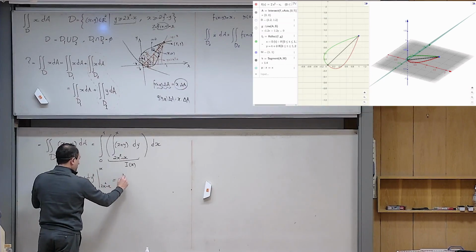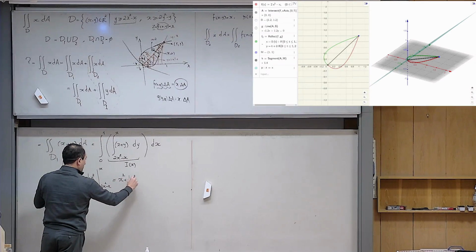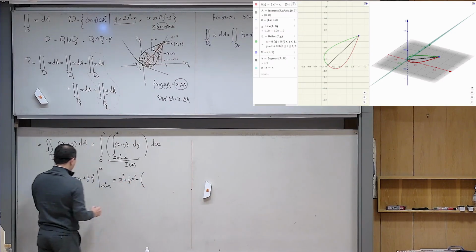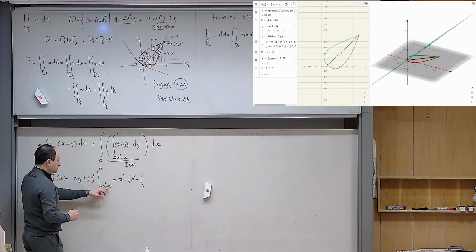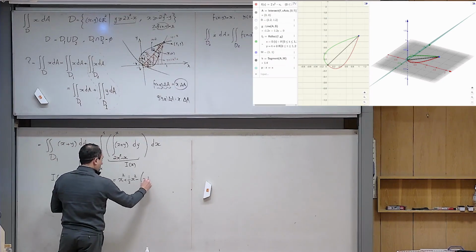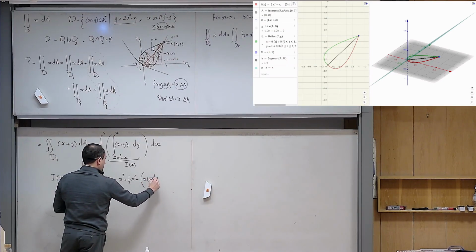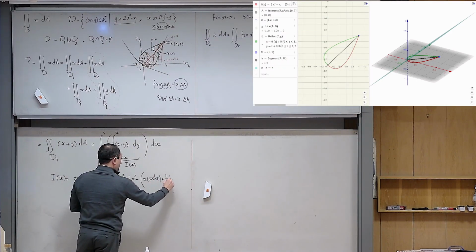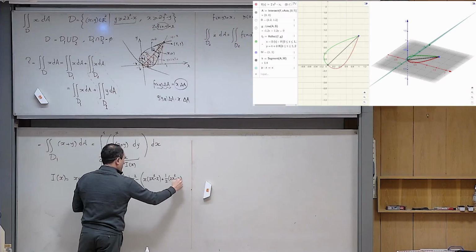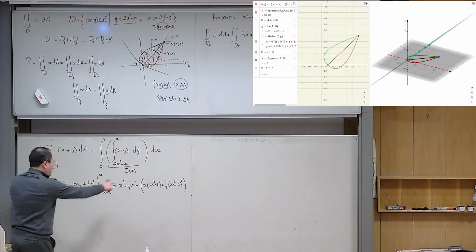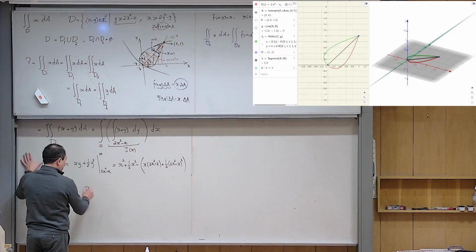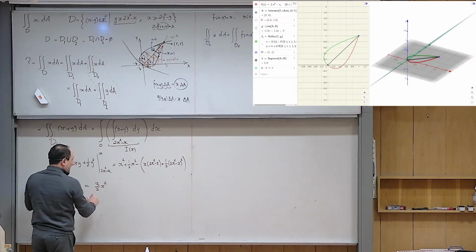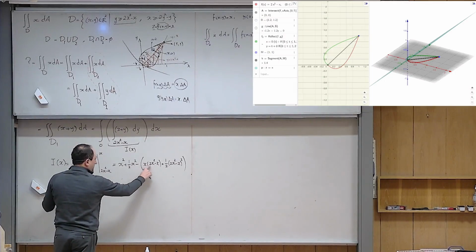So this becomes x squared plus 1 over 2 x squared. I replace every y with x, minus, and then I replace every y with 2x squared minus x. So this becomes x times (2x squared minus x), and then plus 1 over 2 times (2x squared minus x) to the power of 2. Now we continue. This becomes 3 over 2 x squared, then minus, so I multiply this in.